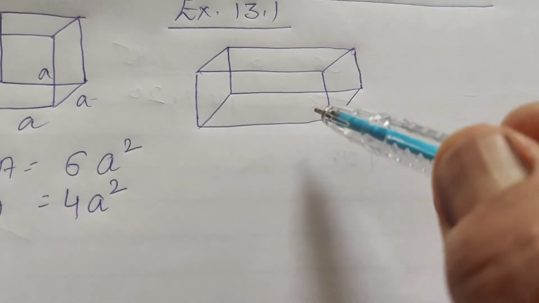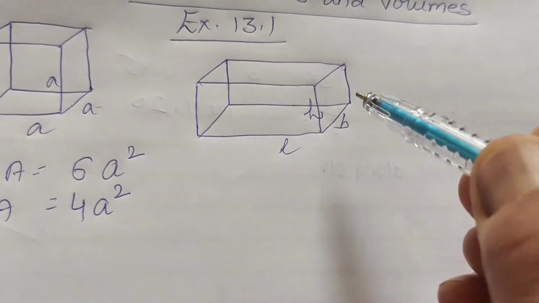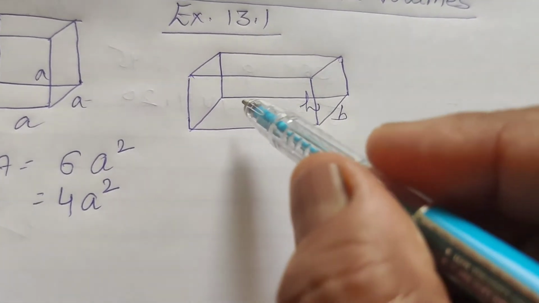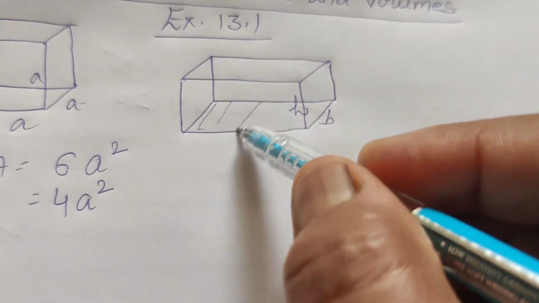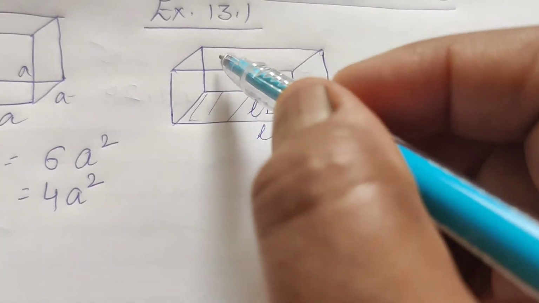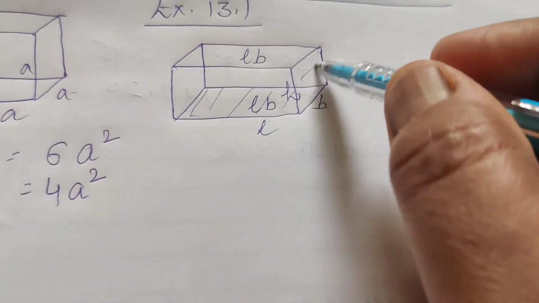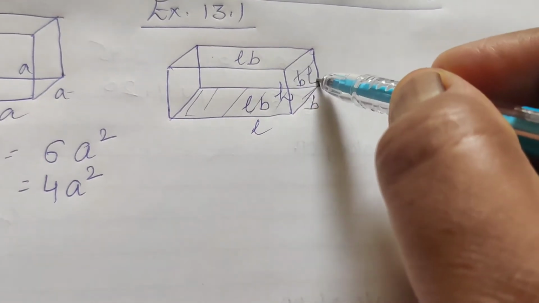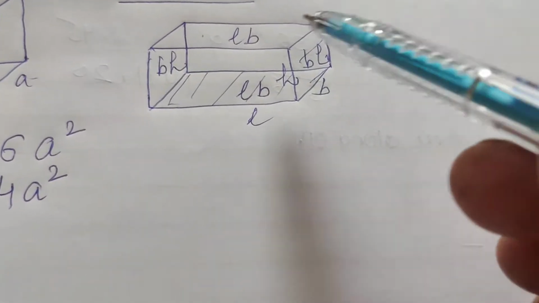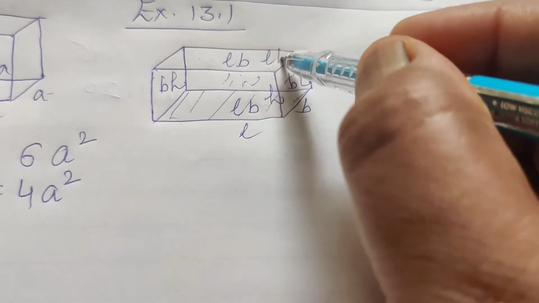And this is a cuboid. This is length, breadth, height. There are 3 dimensions: length, breadth and height. The area of this surface and the bottom is L into B. And the area of the top surface is L into B. The area of the adjacent faces is B into H, and here is also B into H. And this is LH and this one is LH.